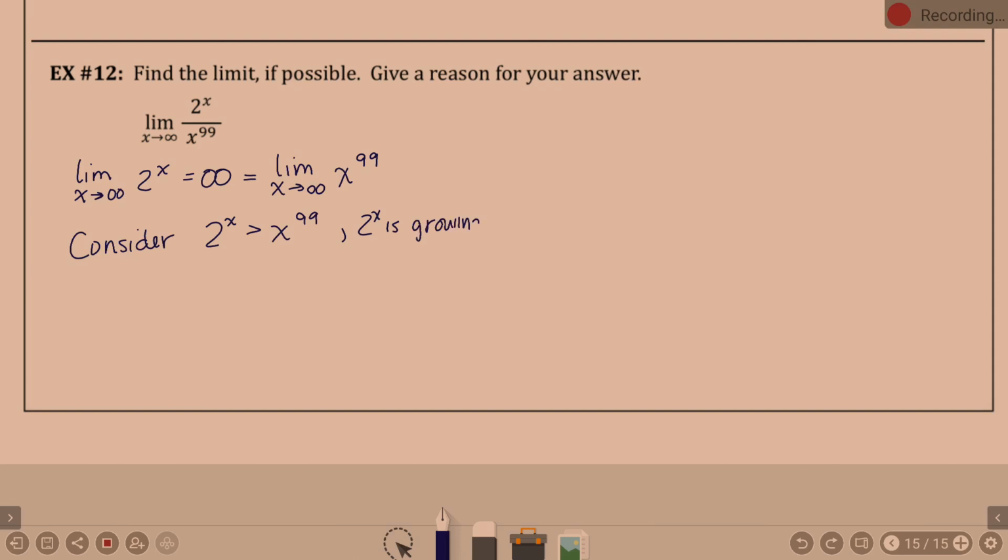But that's one that I don't know. I don't know if the graph would help us look at that one or not, but yeah. You do end up with a does not exist. And they did say find the limit if possible.